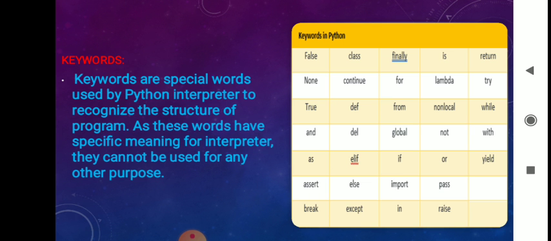For example, False is related to the boolean value. AND is related to the logical operators, which we are going to see in the next video. Likewise, each of these keywords should not be used for any other purpose. It should not be disturbed.